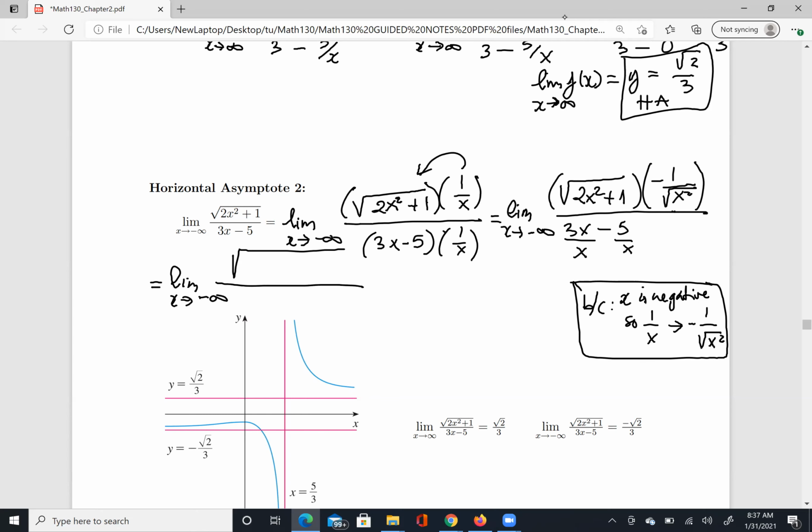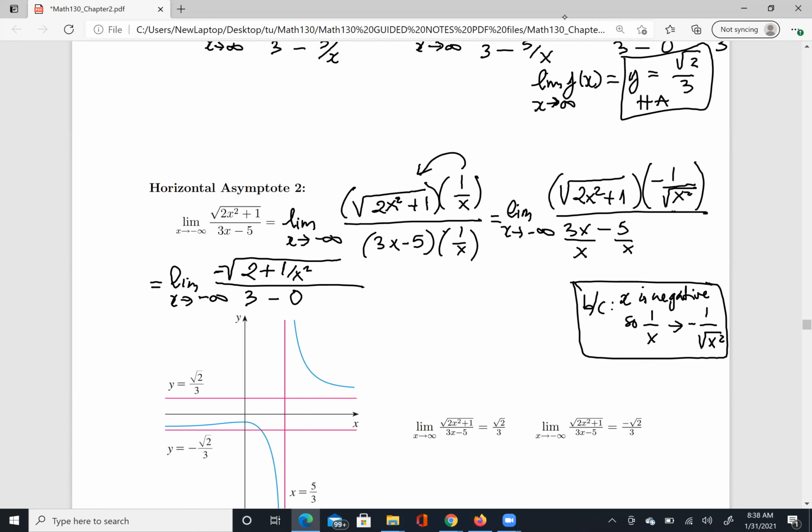We put the negative one outside and let the square root of x squared inside, so 2 plus 1 over x squared. And the bottom is going to be 3 minus 0.